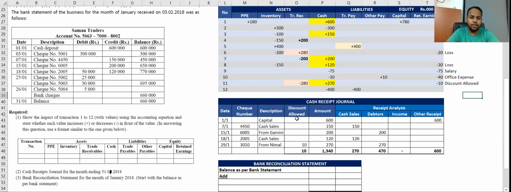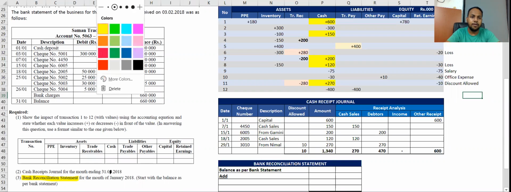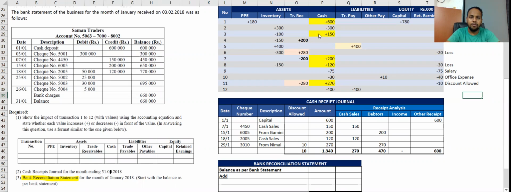And the third question is the bank reconciliation statement. So what is a bank reconciliation statement? We compare the cash book in the business with the bank statement prepared by the bank. So let's compare the balances. This is our cash column, and here we have the bank debit and credit.